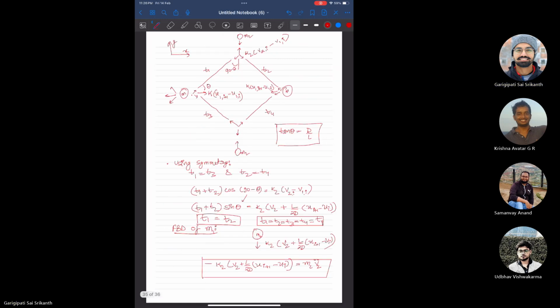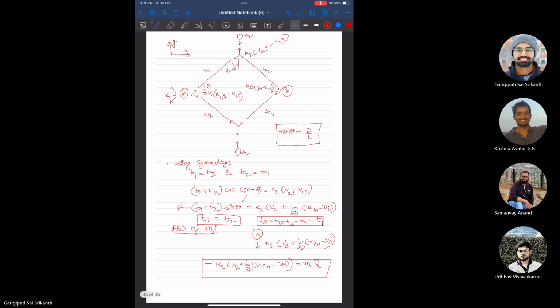further, we can write this equation as 2Ti is equal to RHS by sine theta, right?